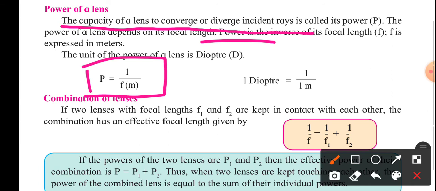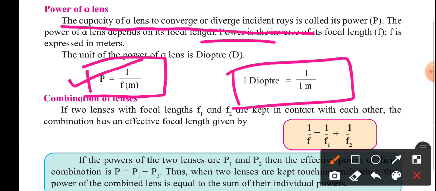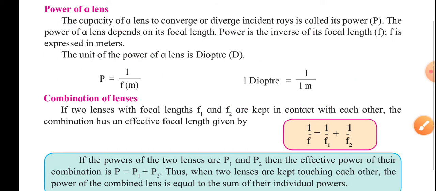The inverse of the focal length will give you the power of the lens, and the unit to measure it is the diopter. Diopter is a unit for the power of a lens.